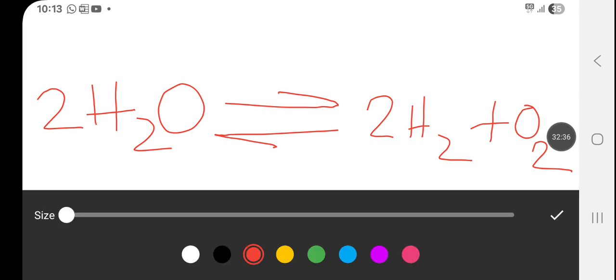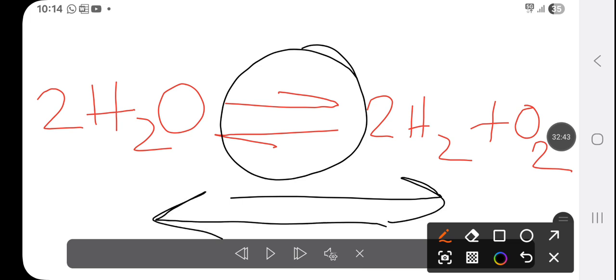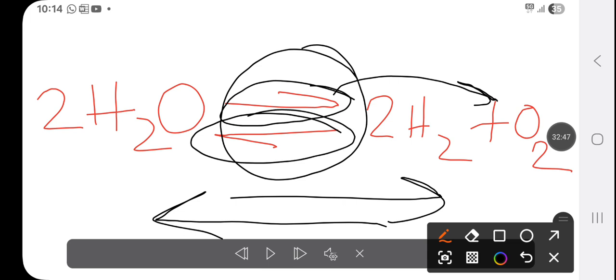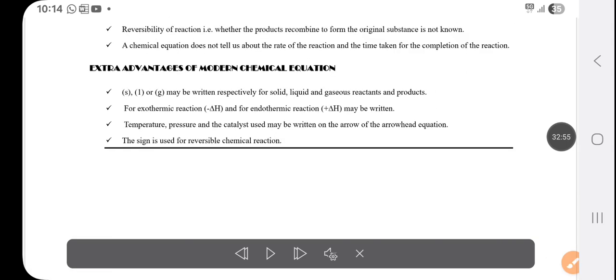Here, this sign means that it can go this way and also that way. This sign means that it is reversible. I hope everyone understood, and this is the end of today's lecture.